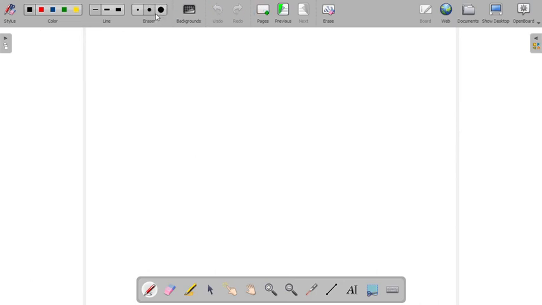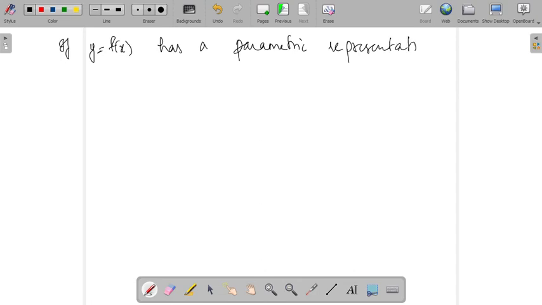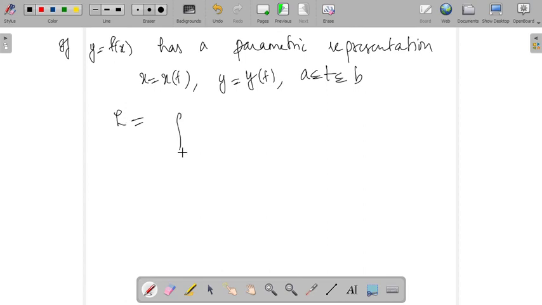So let us summarize that. If y equal to f of x has a parametric representation, x equal to x of t and y equal to y of t, where a is less than or equal to t less than or equal to b, then length is given by integral a to b root of (x dash of t) whole square plus (y dash of t) whole square dt.